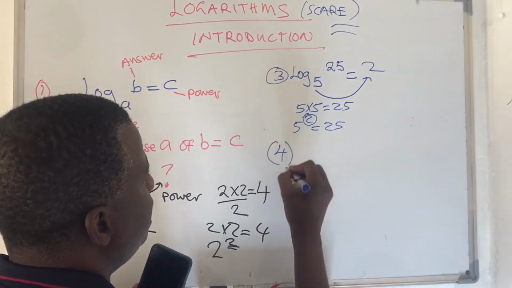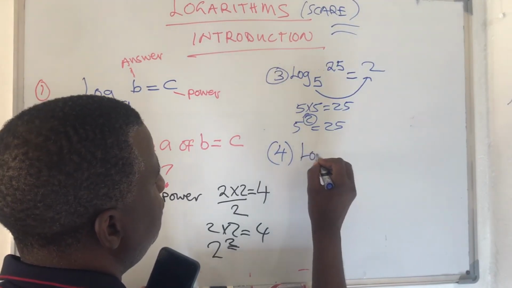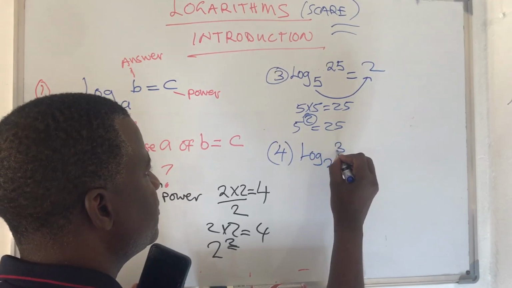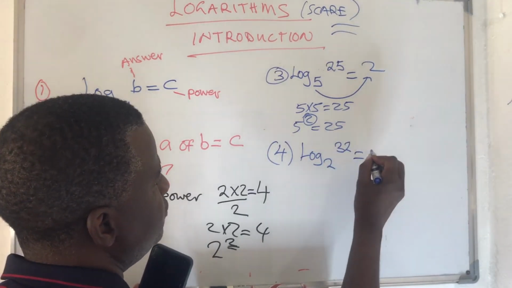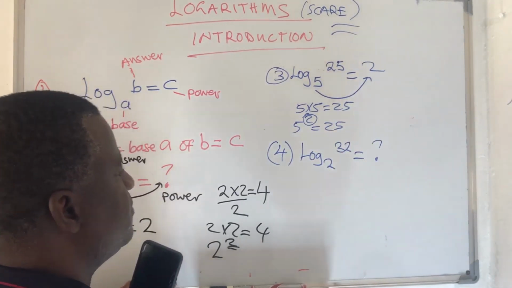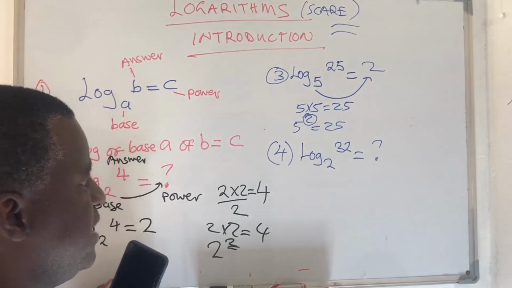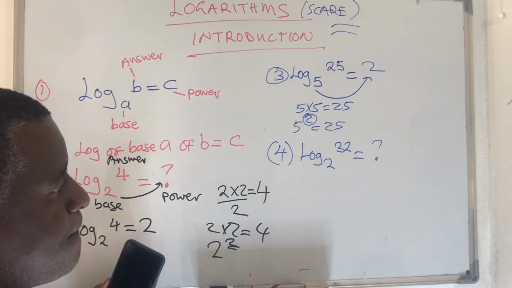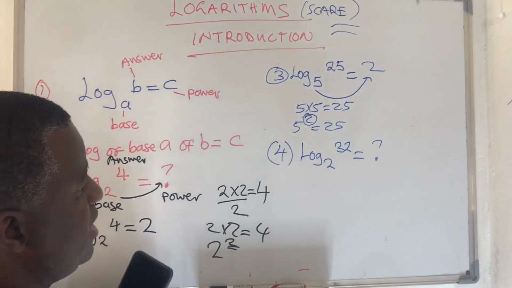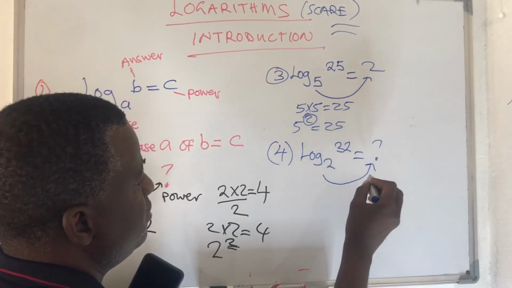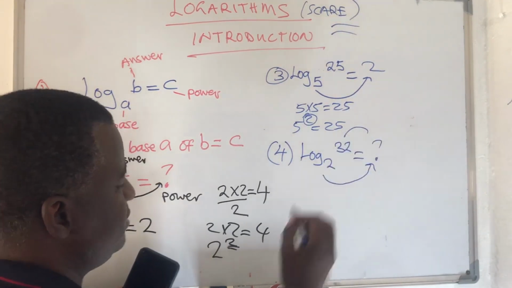Let's go to number 4. Log base 2 of 32, what will be the answer? It's the same thing. We're asking ourselves, how many times should we multiply 2 for us to get a 32?